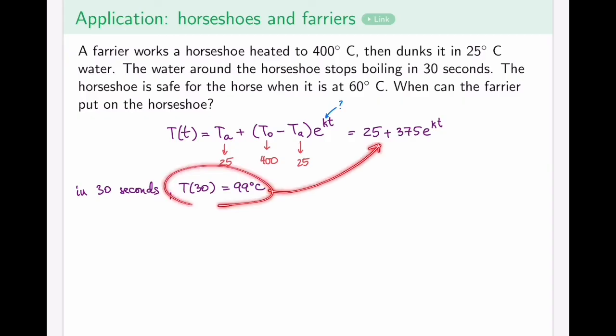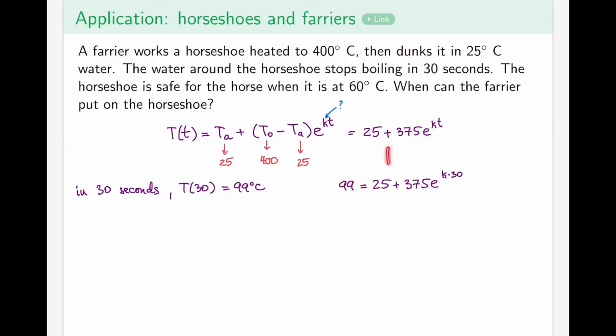Now, instead of writing it this way, we're going to write it inside our model. So the temperature is 99 degrees at the time of 30 seconds. Okay, so just matching the model to what I have, replacing the time with 30 and replacing the left-hand side with my actual temperature, I have an equation like this.